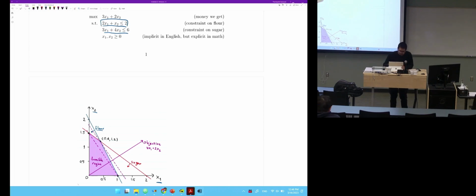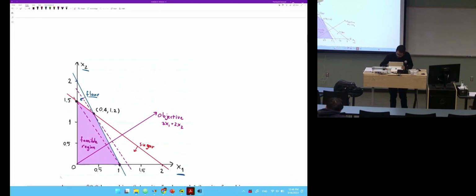But now what you also want is to maximize the objective, right? And to maximize the objective, you can think of it as the amount of money. This objective is just some direction. So it basically says that you want to go as far as possible in this direction, within this region, right? And now you can see that actually this point is the point that goes furthest in the direction of the objective.